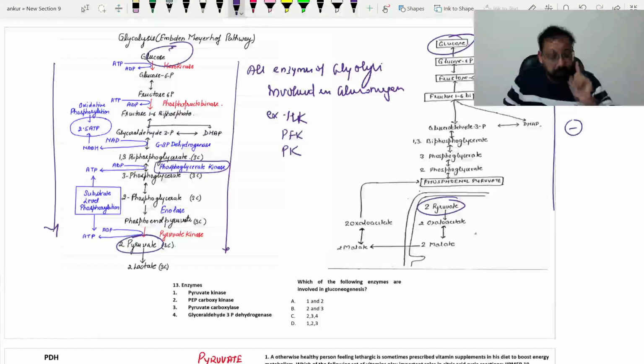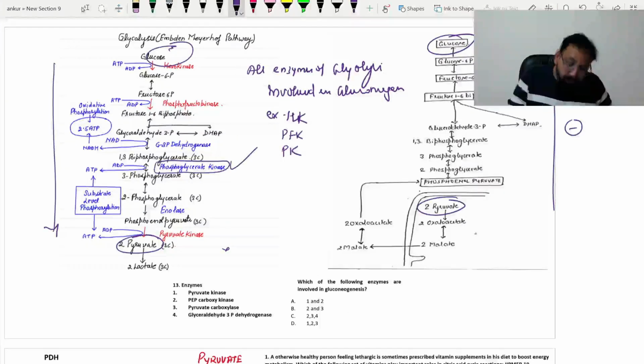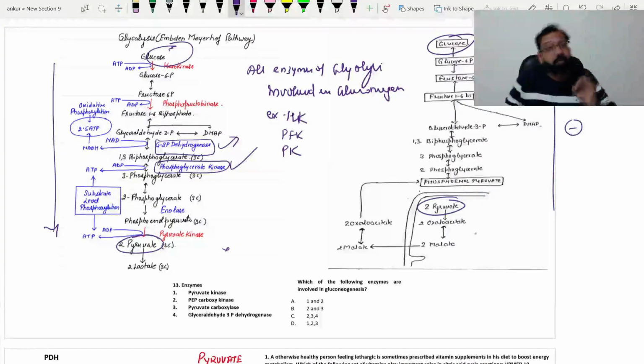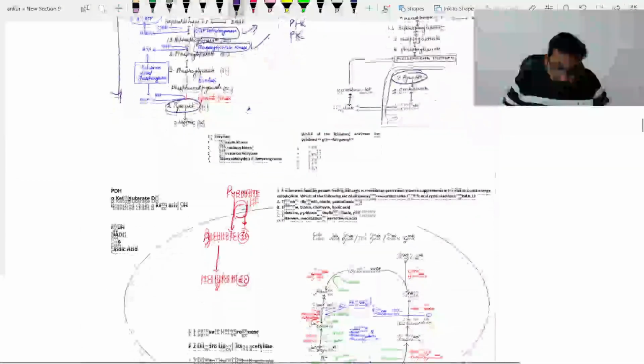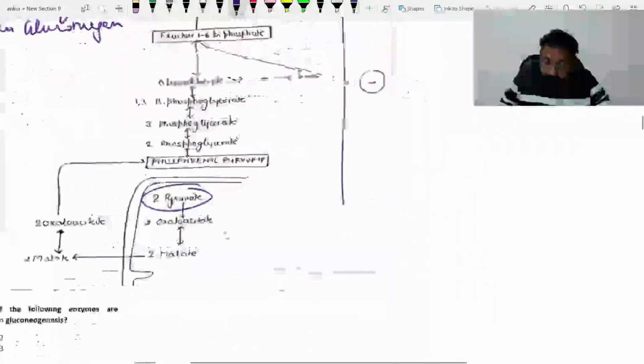So phosphoglycerate kinase is involved in gluconeogenesis. Glyceraldehyde 3-phosphate dehydrogenase is involved in gluconeogenesis. All enzymes of glycolysis are involved. This was a recently asked question.